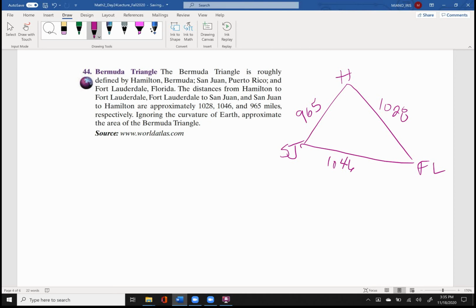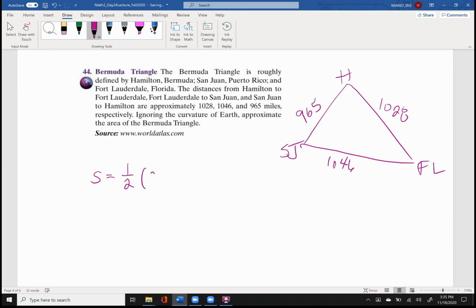Okay, so let's bust out our S formula, which we know we're going to need because finding the area of this triangle, only knowing the lengths of the sides, is going to require that we first calculate S and do the square root of S times S minus A times S minus B times S minus C. That chestnut.